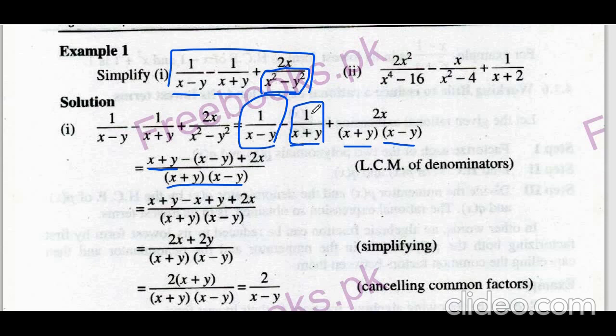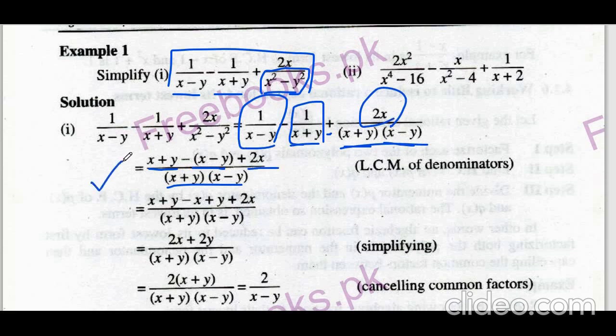So 1 multiplied by x minus y is x minus y, plus. Now both x plus y and x minus y are in the denominator of the third term, so we can't multiply anything with its numerator. We write the numerator as it is, 2x.